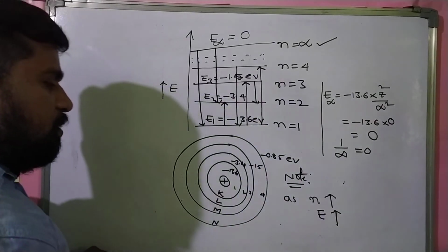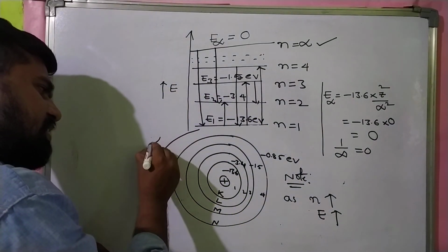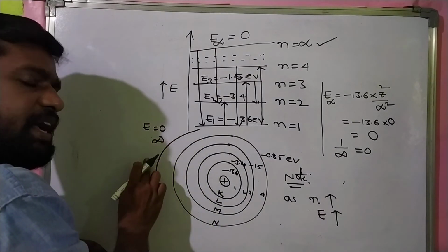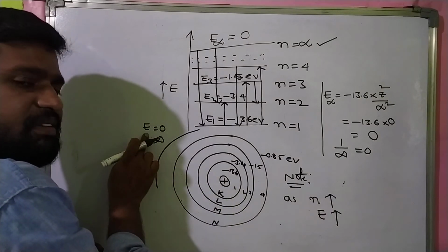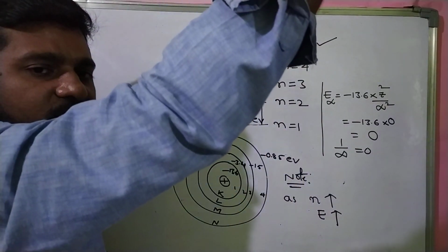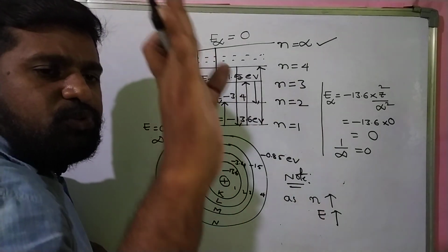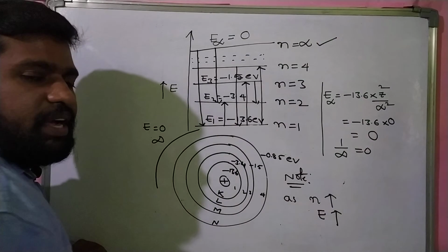Understanding? Suppose it is the infinity level, the energy equal to 0. This means when we move away from the nucleus to the infinity level, there is no attraction force on that electron. Means nuclear attraction force on that electron will be 0. Understanding? Okay.